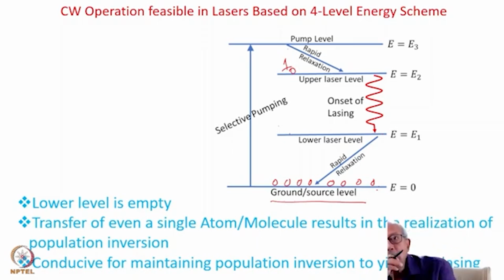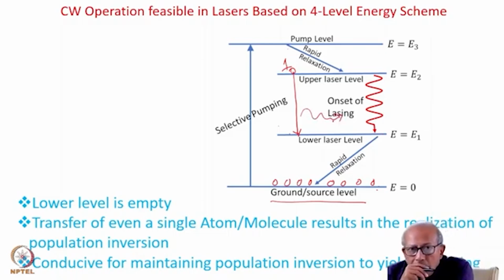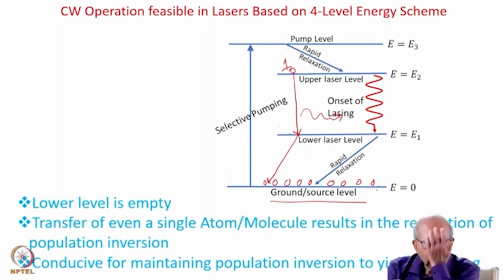Earlier, to create this condition, you had to transfer a lot of atoms from the ground to this level, expending a huge amount of energy. And now you have achieved this just by transferring one atom, the great advantage. And not only that, this atom, when it comes down, emitting, of course, the photon, then immediately relaxes back to the source level, and therefore it is once again available for continuation of the process of lasing.